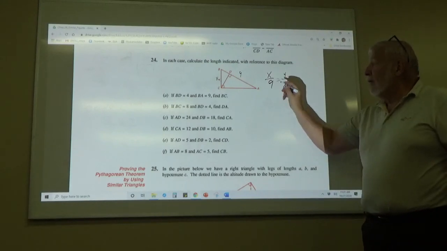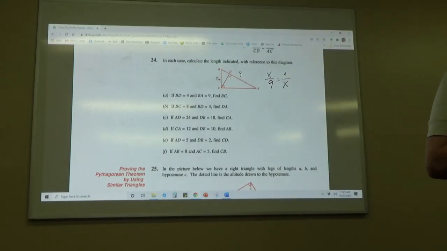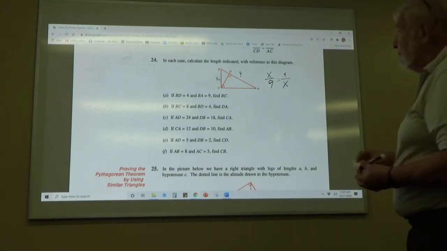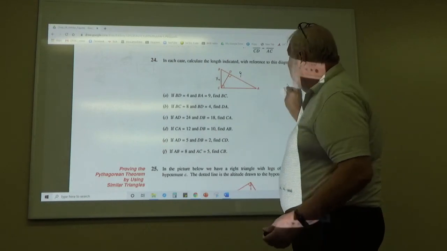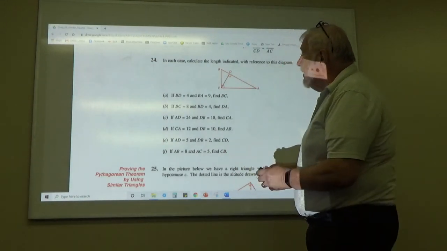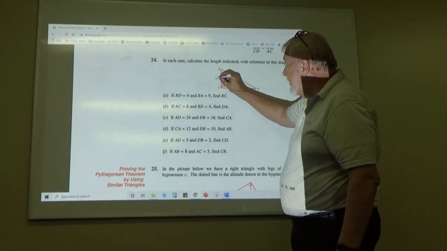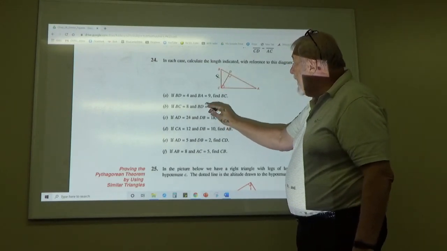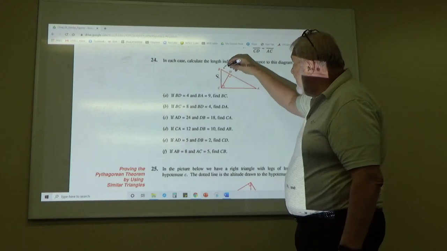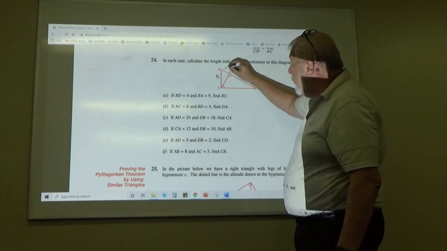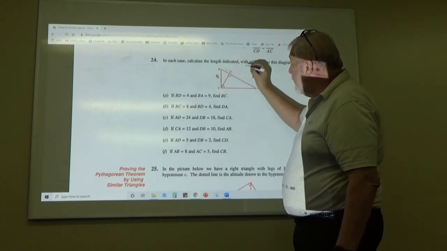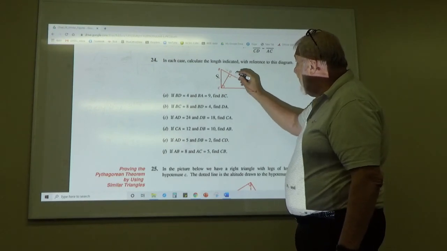If they're equal, x squared equals 36, x is 6. All right, so now this one says BC, BC is 8, and B to D is 4. And you need to find D to A.